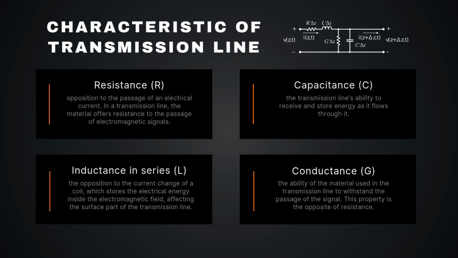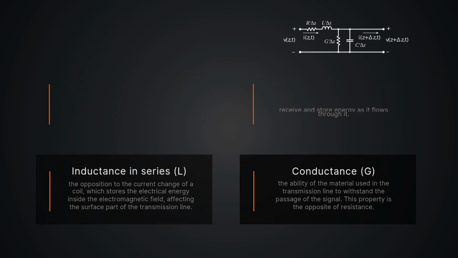This represents how the magnetic field around the conductor resists change in current. It stores energy magnetically. And the fourth is conductance, the ability of the insulation between conductors to allow some leakage current. It is the opposite of resistance and ideally should be very low. Together, these parameters determine how a signal behaves as it moves along the line.